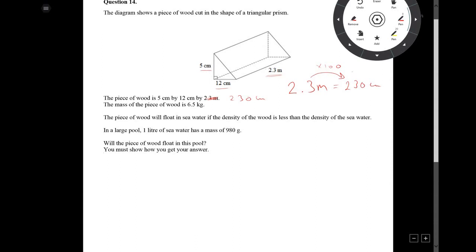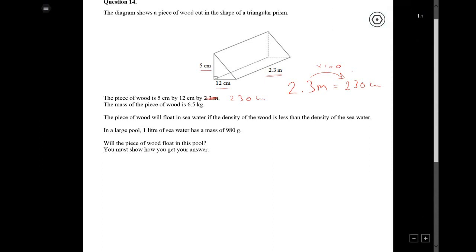We already made a start here transforming everything into the same unit. So I'm now going to carry on and work out the volume of this triangular prism, because I remember that the formula for density is equal to mass over volume. So I need the volume.